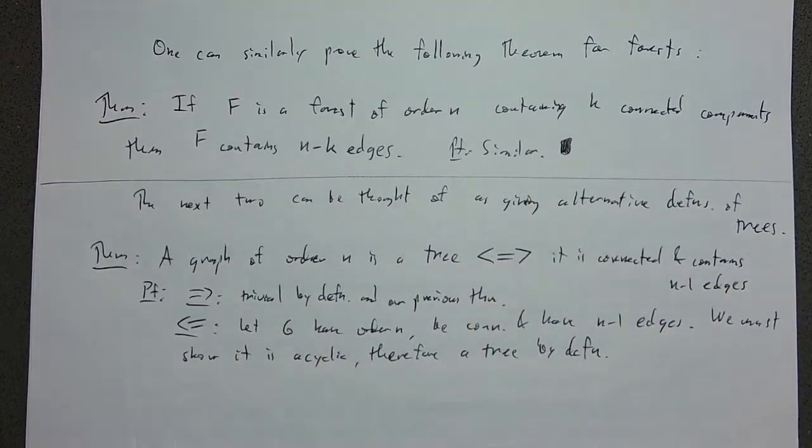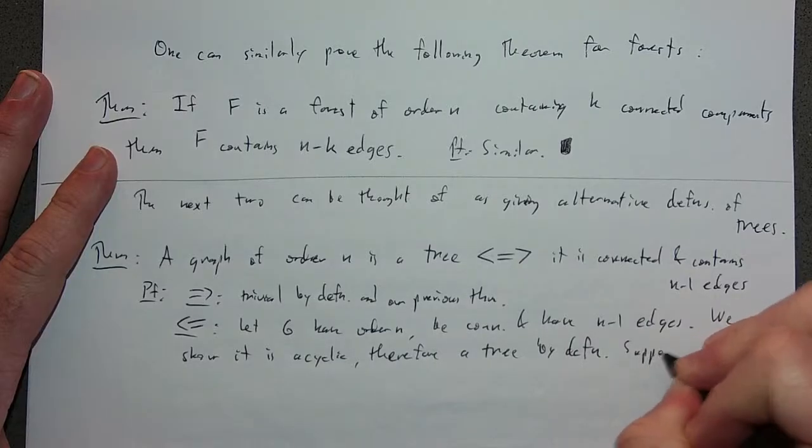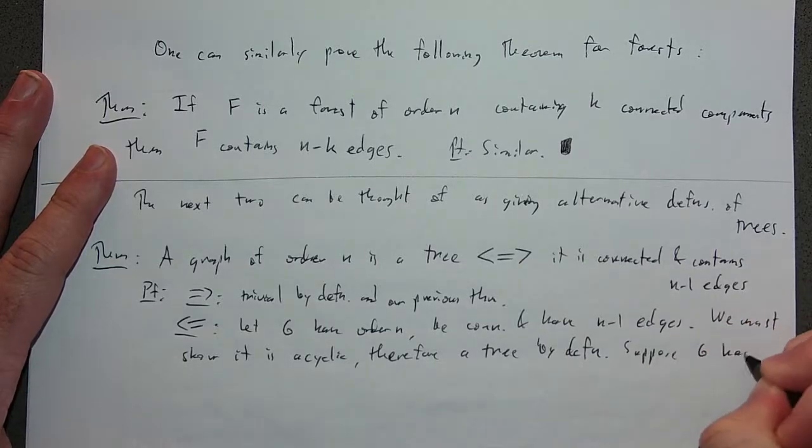All right, well, how do we do that? We could say, well, suppose G has no cycles. Well, then it's acyclic and it's a tree, so we'd be done in that case. So then suppose that G does have a cycle.